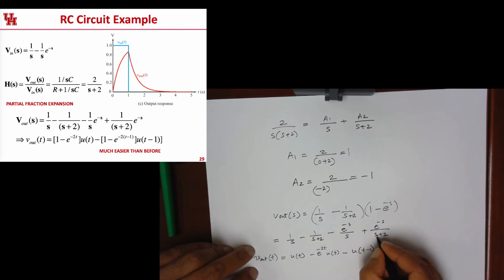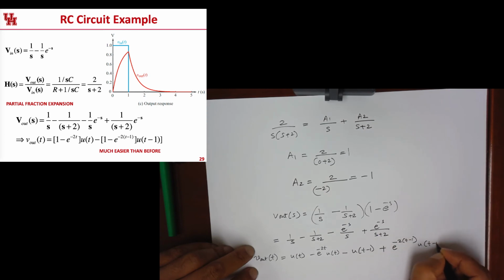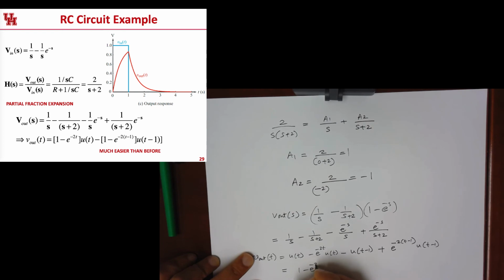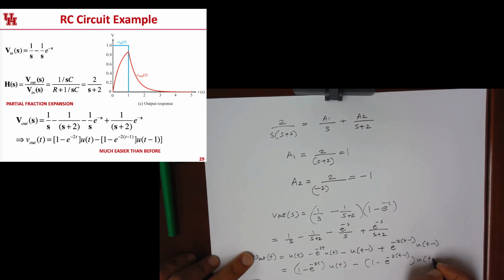So I'm going to take e to the minus 2t u(t) and delay that, so we're going to get e to the minus 2(t minus 1) u(t minus 1). So this is my final answer, right? This is much easier than what we did before. So this is (1 minus e to the minus 2t) times u(t), minus (1 minus e to the minus 2(t minus 1)) u(t minus 1).